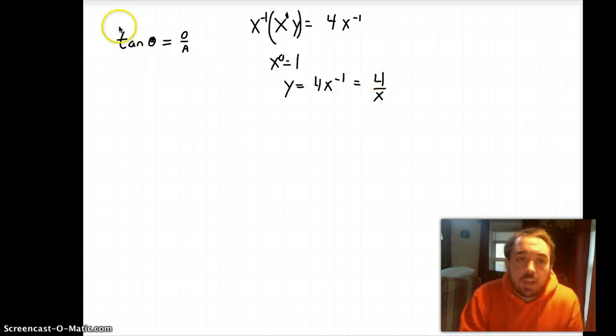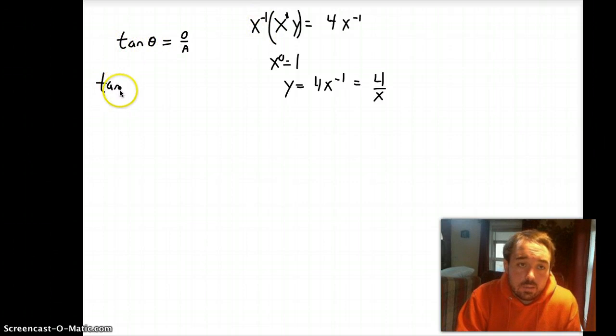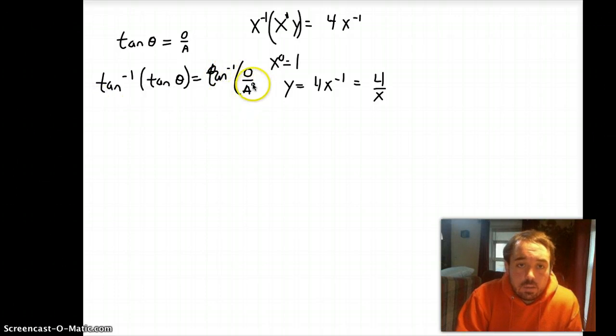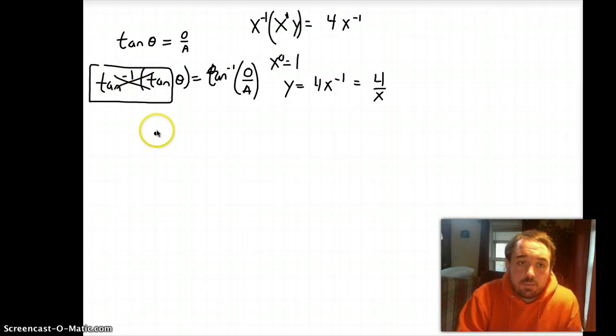It works the same way, and what we're going to do is multiply by what's called the inverse tangent on both sides. So the inverse tangent of tan theta equals inverse tangent of opposite over adjacent. What you do on one side you have to do on the other. Just like we did with x to the negative 1 times x, this piece effectively cancels out, leaving just theta on that side.